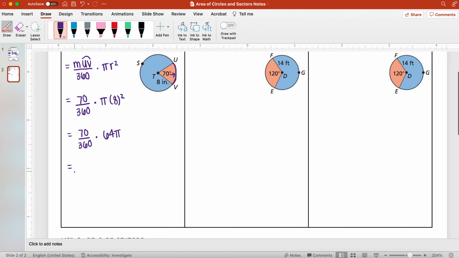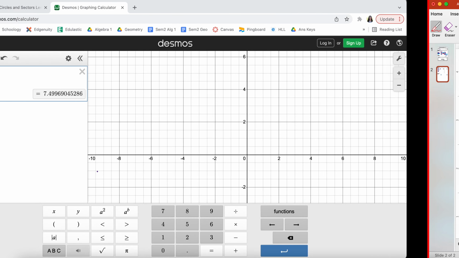And now multiplying across, I have 70 times 64, and I get 4480 pi divided by 360. So I'm going to go ahead and type that into Desmos.